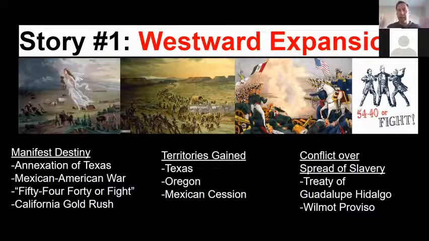This creates a firestorm of debate between pro-slavery states, which are in the South, and anti-slavery states, or states that don't want to see slavery expanded for a number of different reasons, in the North. And we're going to see these debates continue throughout this entire time period leading up to the Civil War. And so westward expansion directly links to debates over slavery.